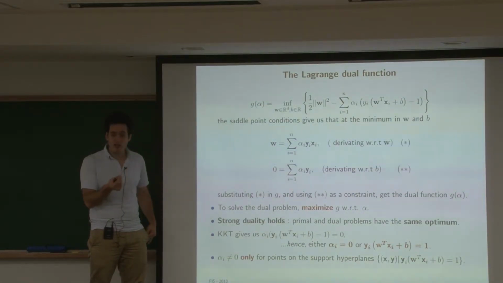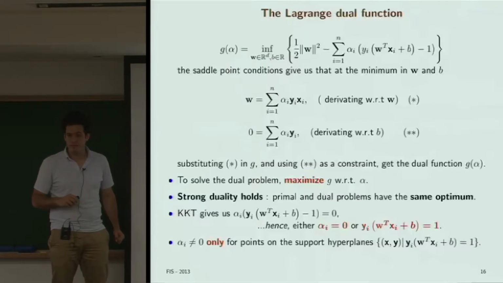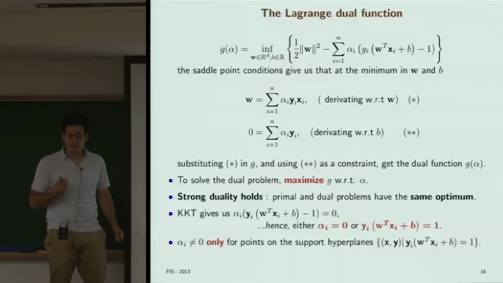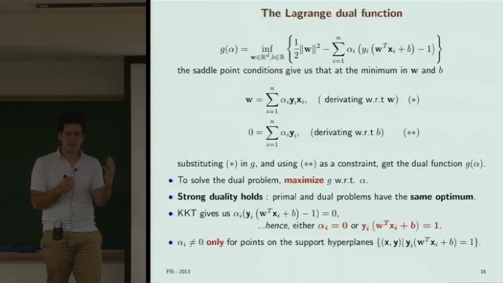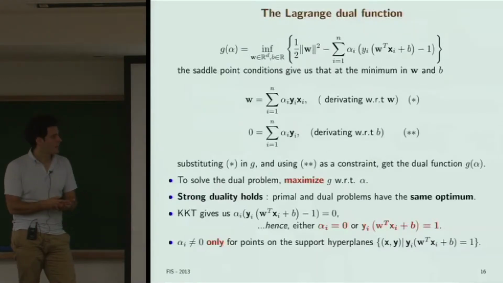For any vector of prices alpha, what is the lowest I can get in terms of W and b? Okay? So given that I have priced each constraint violation at some price alpha i, what happens to this problem of minimizing over W and b?